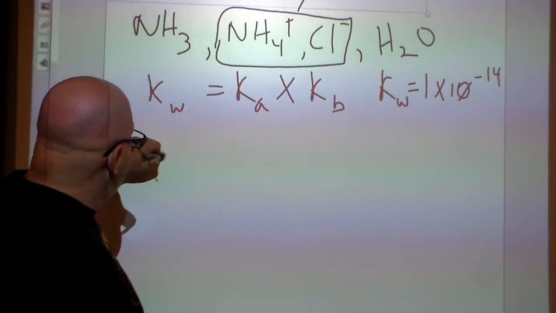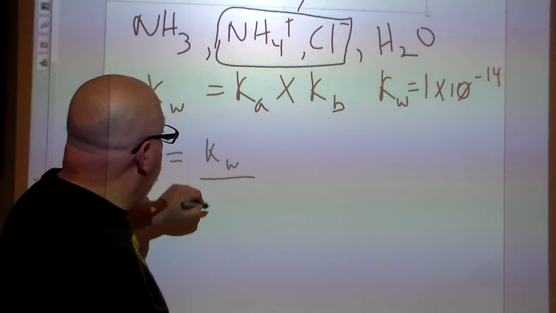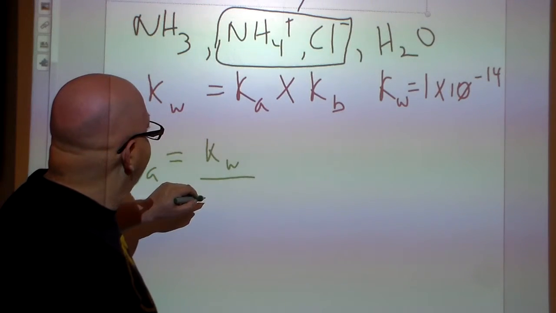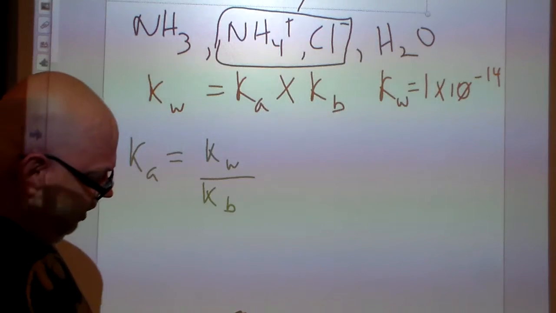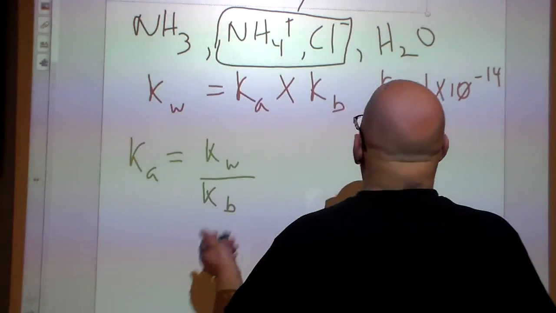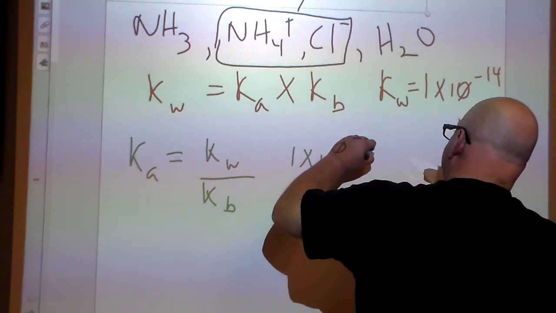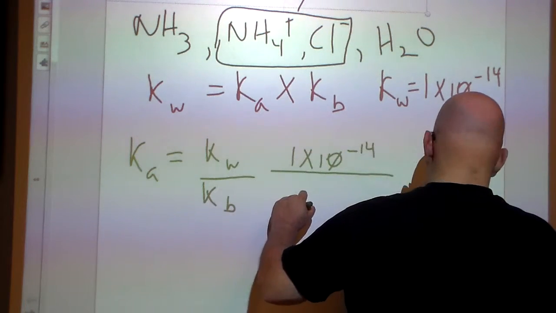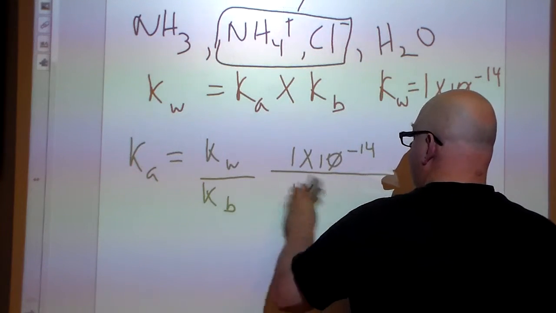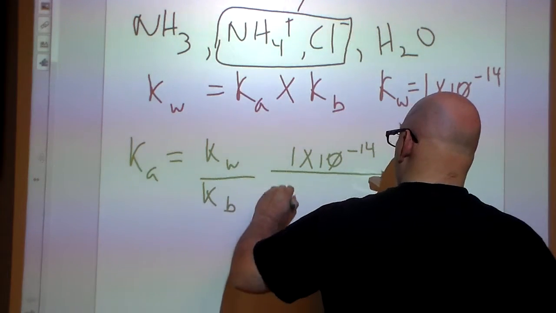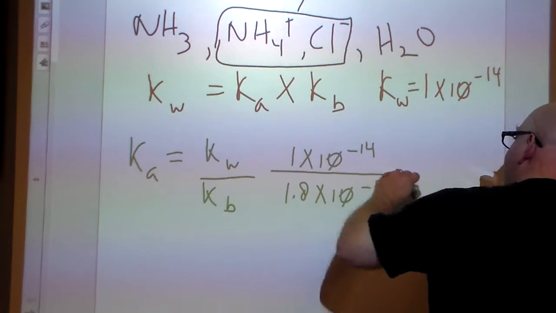Ka is going to equal the Kw over Kb, so we need to do a little bit of rearrangement and plugging in information. That's going to be 1 times 10 to the minus 14th over 1.8 times 10 to the minus 5th.